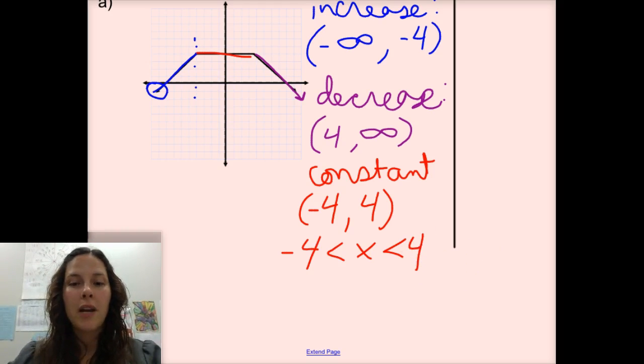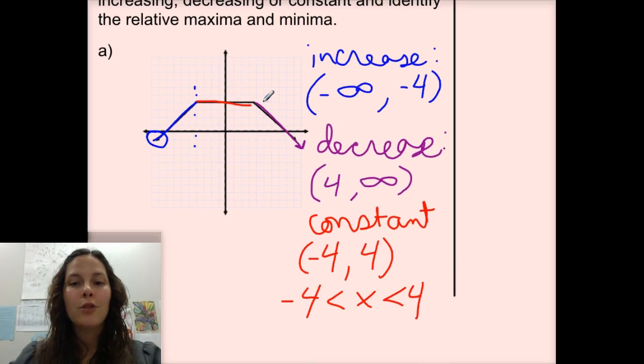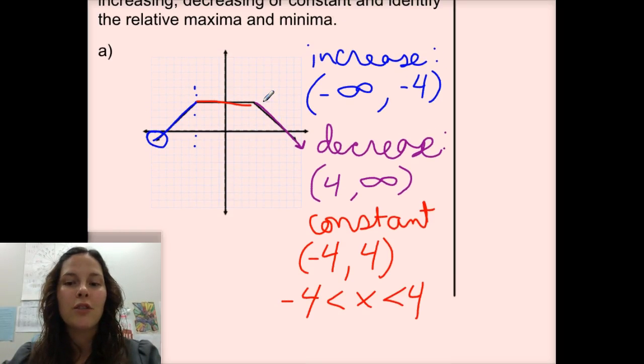Identifying those relative max or min. In this case, there's no point where the function changes from decreasing back to increasing, so we have no relative min. And because the function is constant, where it changes from increasing to constant, those look like they might be relative max, but because the function is constant between them, we actually don't have any relative maximum on this graph either.